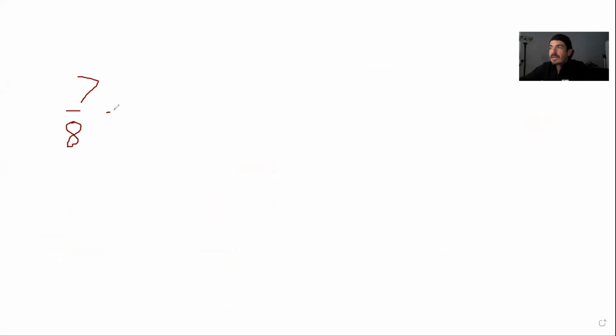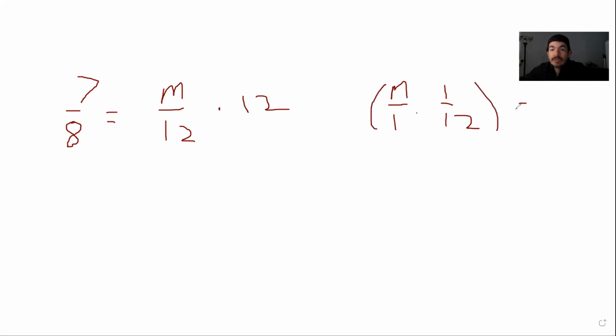7 over 8 equals m over 12. They did this a little bit differently, but this is m being divided by 12. So to get 1m, which is what I want, I'm going to multiply by 12. I could think of this as m being multiplied by the fraction 1 over 12, which is equal to m over 12.